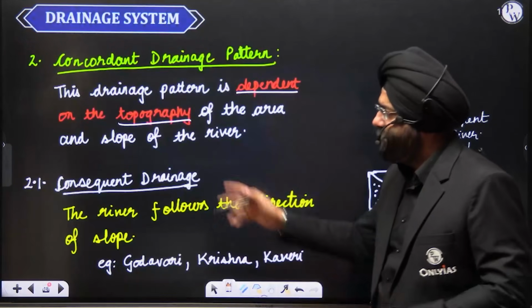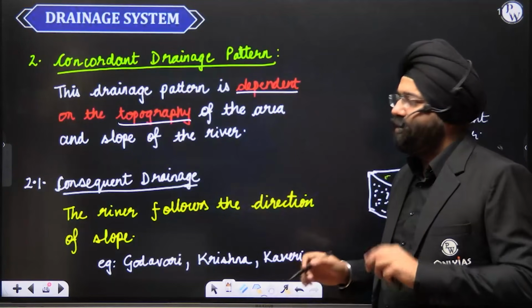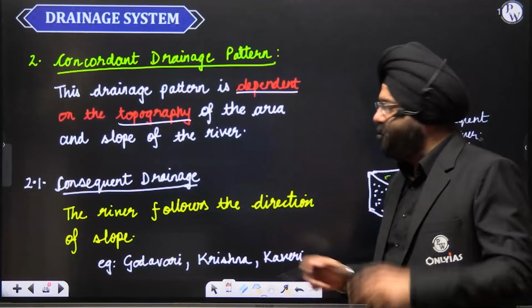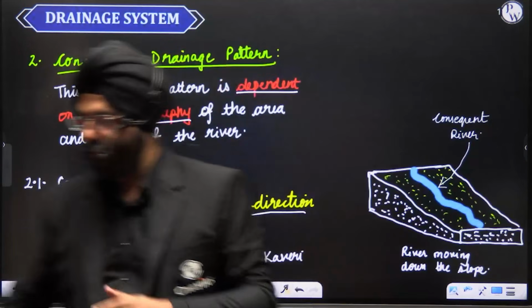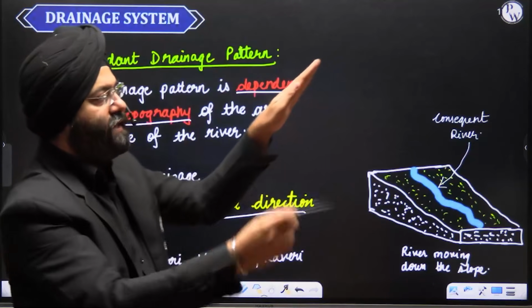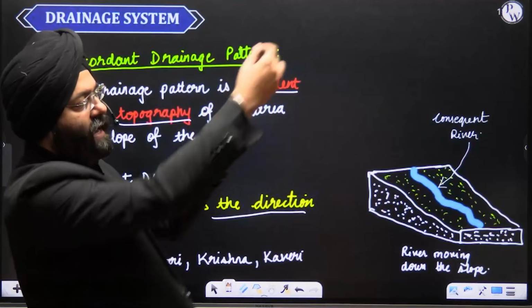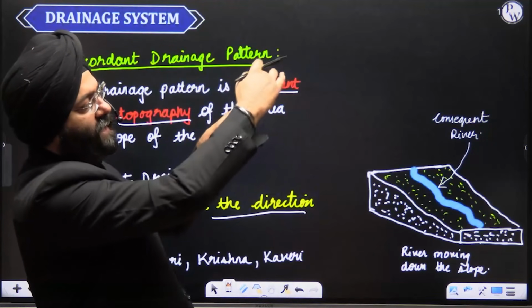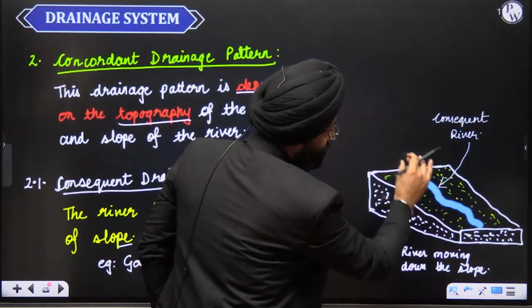Now, the first type is consequent. The consequent drainage, or the river, will be consequent if it follows the direction of the slope. Let us assume this is the slope of the region or a topography, and the river is coming and moving down. As you see here, this is the slope and the river is moving down.